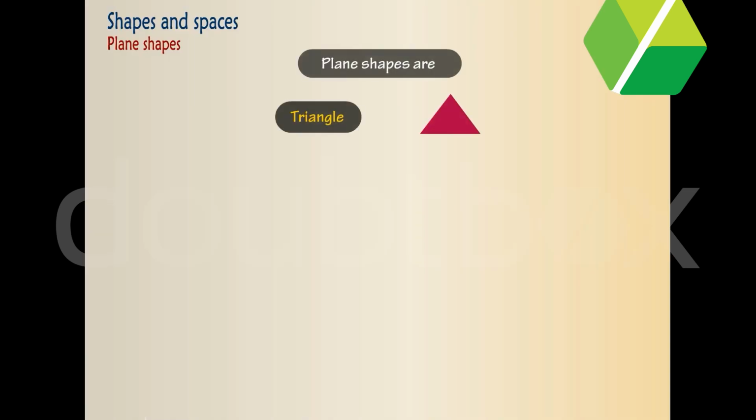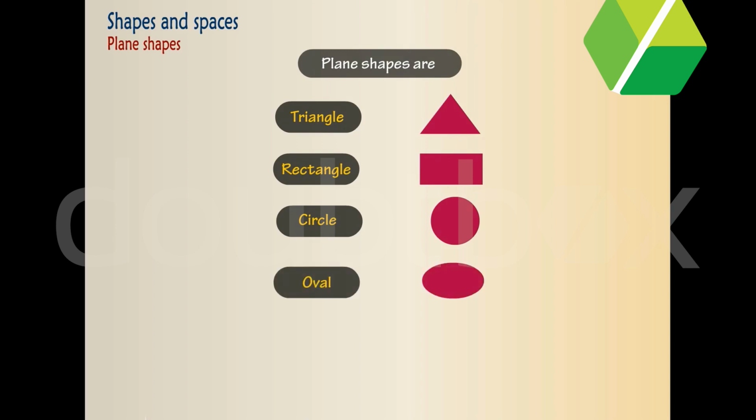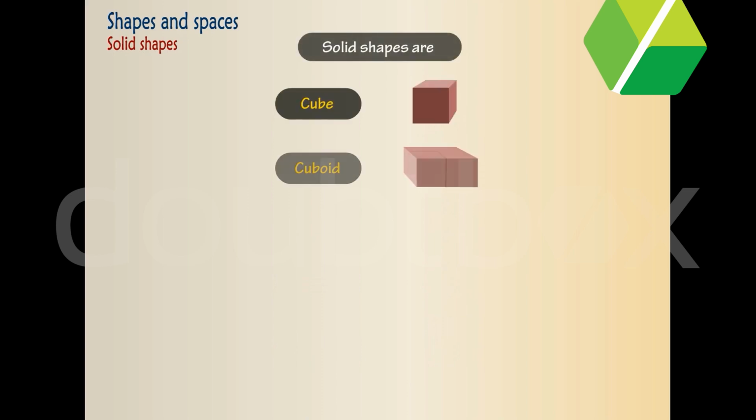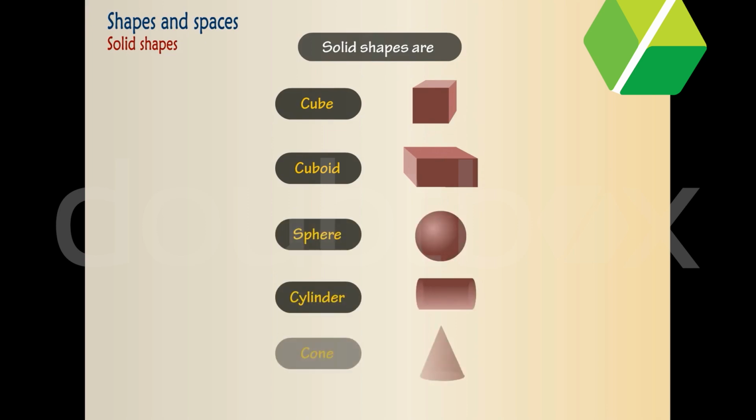Plane shapes are triangle, rectangle, circle, oval and square. Solid shapes are cube, cuboid, sphere, cylinder and cone.